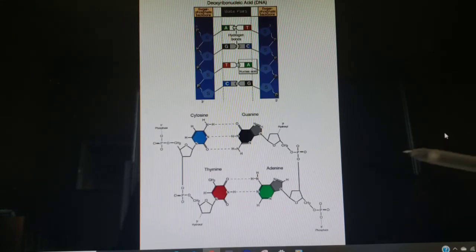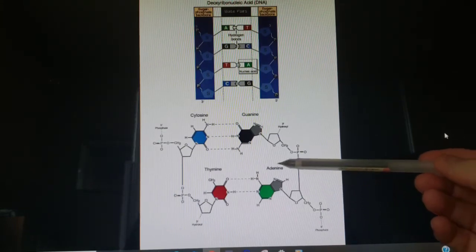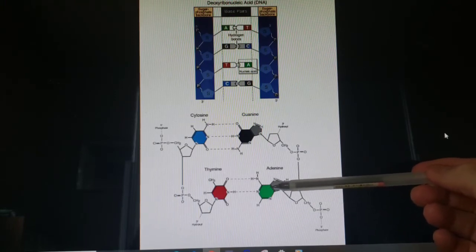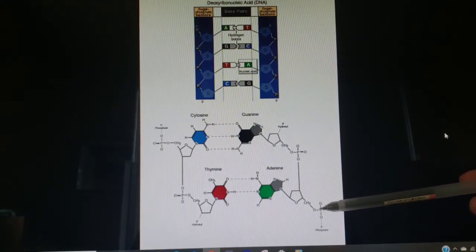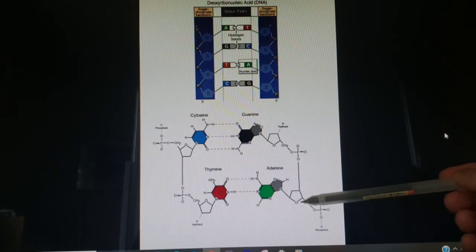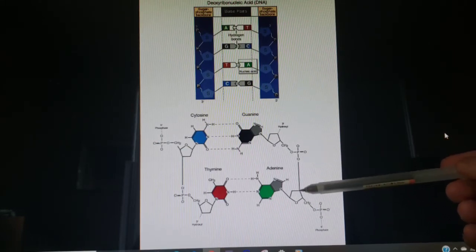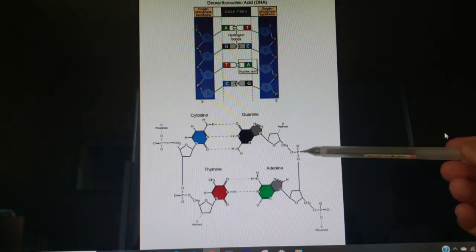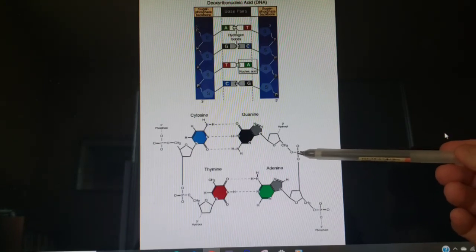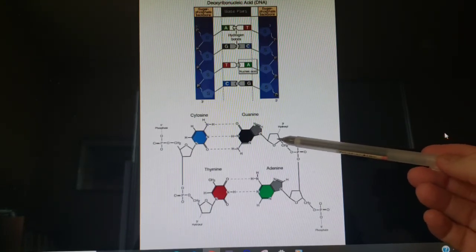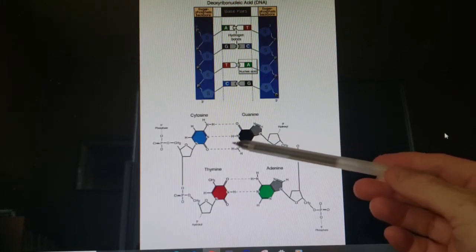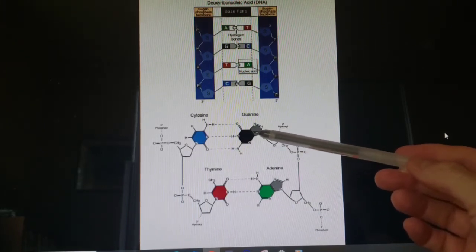Okay, so individual nucleotides, here's a nucleotide that contains adenine, the deoxyribose, and a phosphate, can polymerize. The alcohol group out of this ribose binds to a phosphate, which in turn is attached to another deoxyribose, which in turn is attached to another nitrogen-containing base.